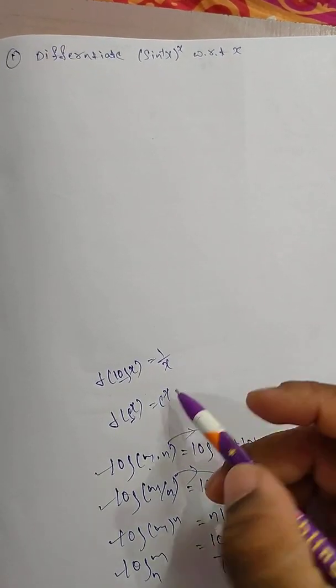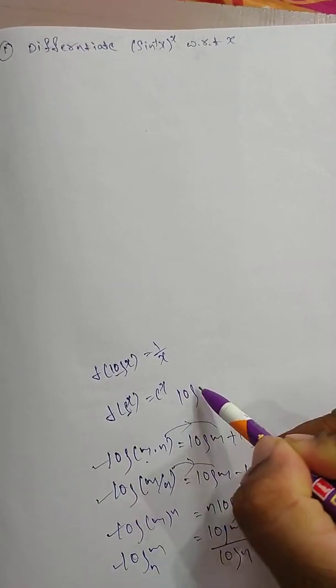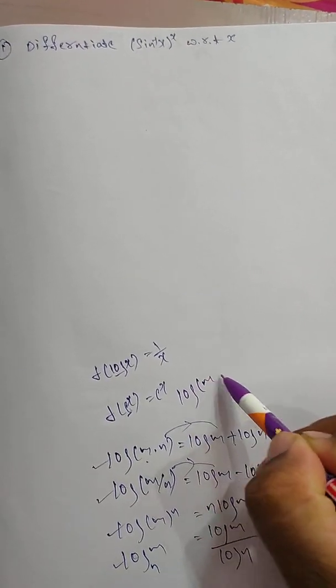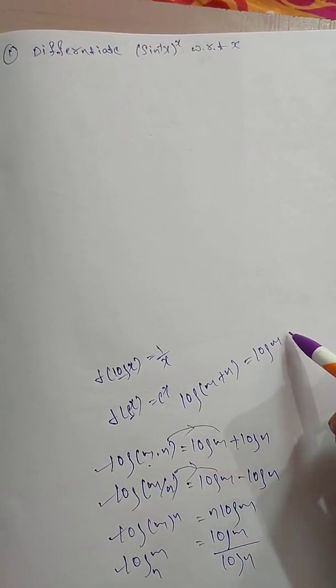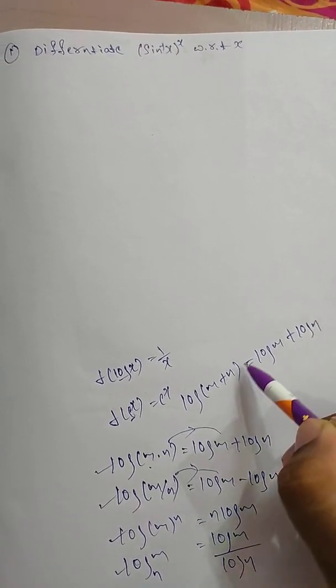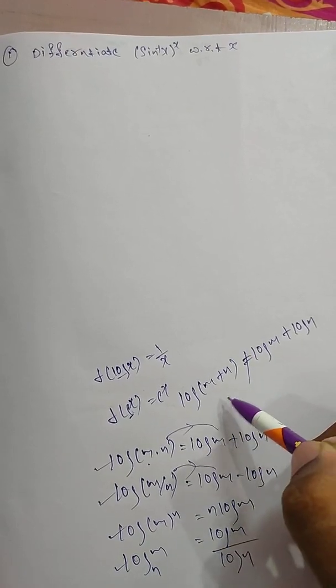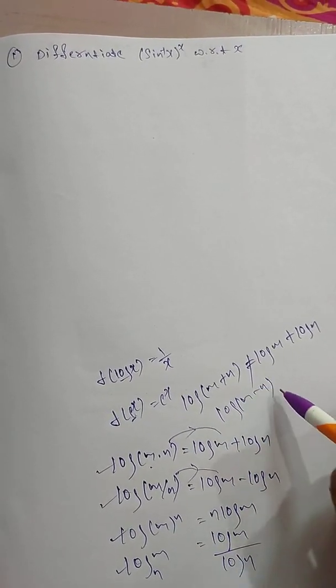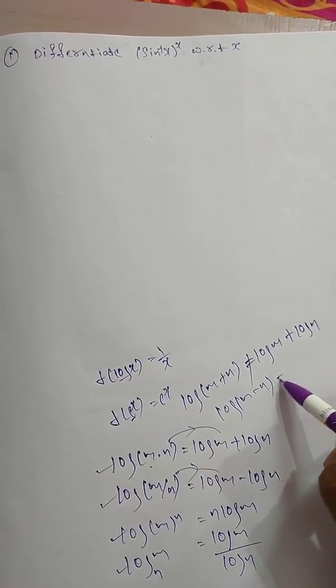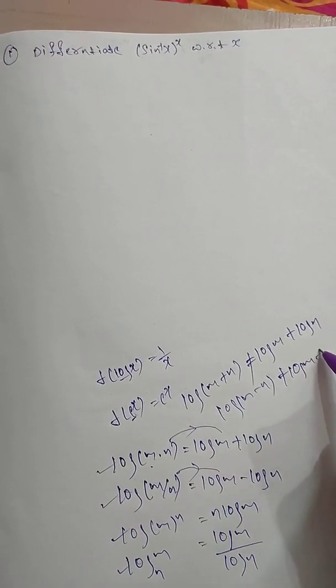Now we can't apply the log for addition operations. If log of m plus n is there, we can't write it as log m plus log n. We can't apply the log for addition, and we can't apply the log for subtraction. Log of m minus n is not log m minus log n.